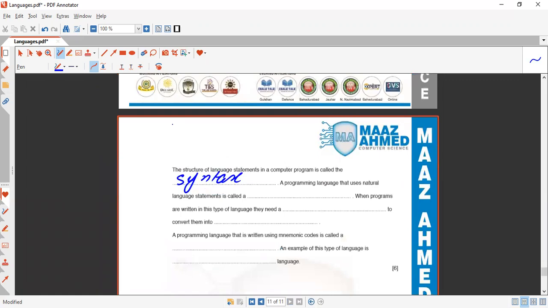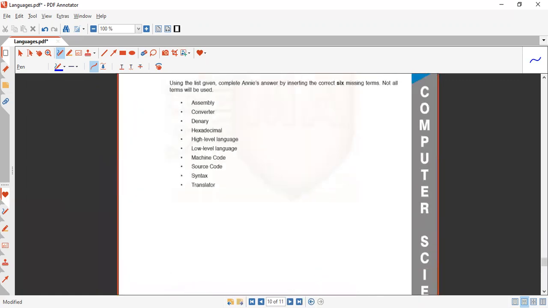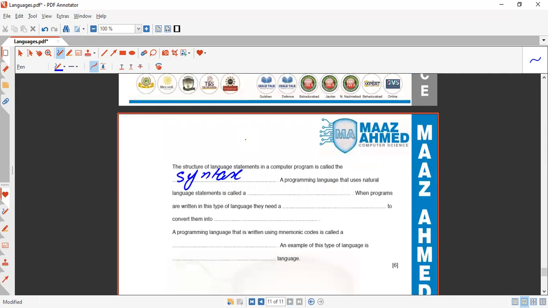A programming language that uses natural language statements is called a high level language.